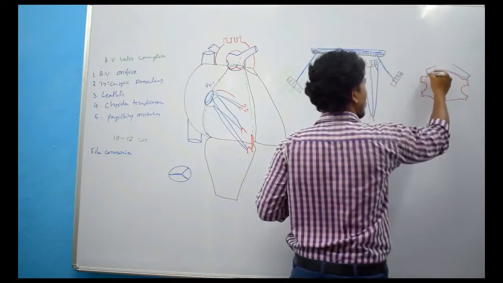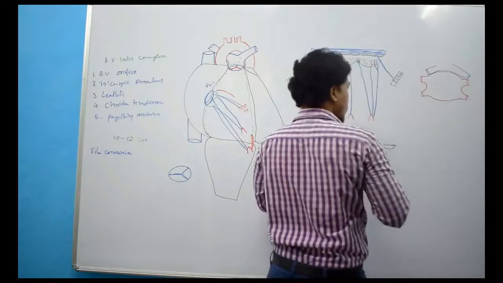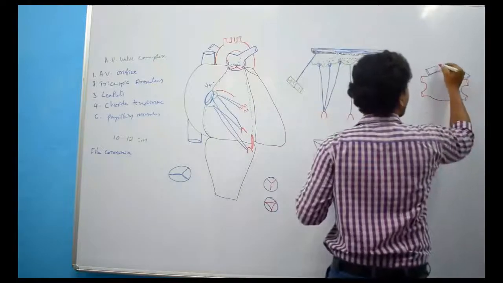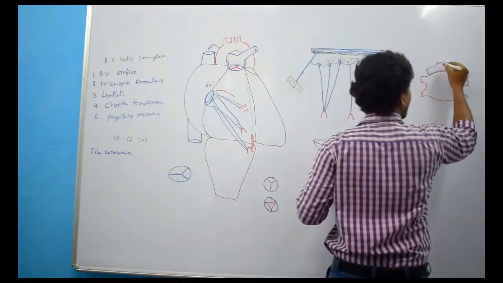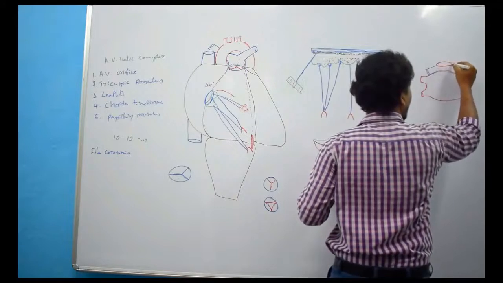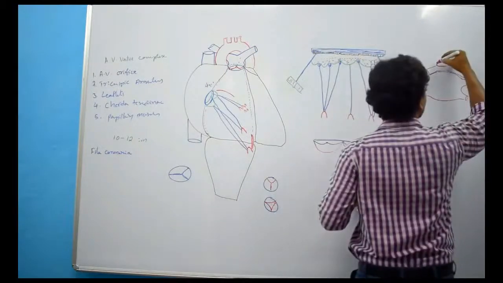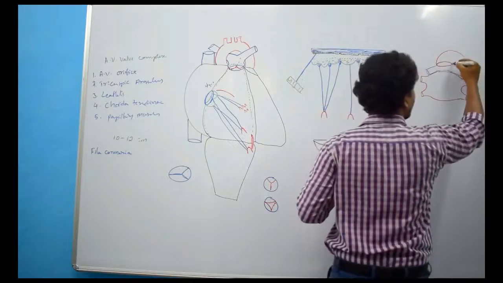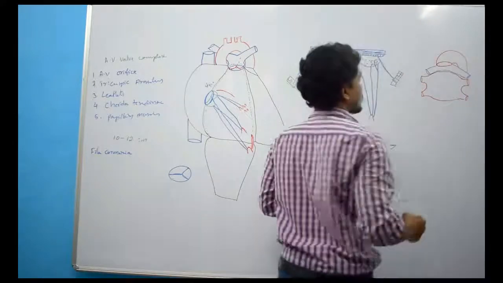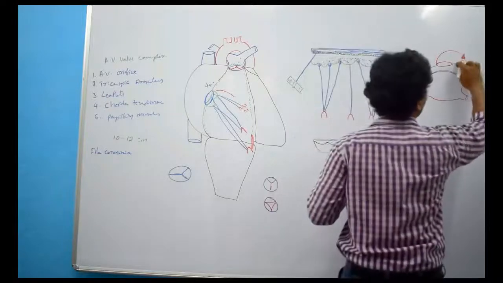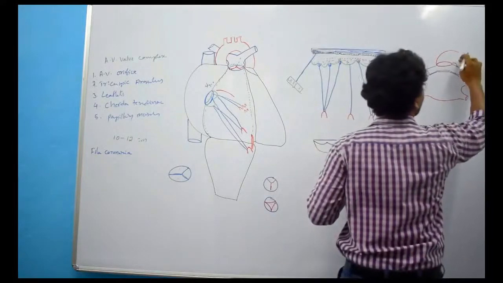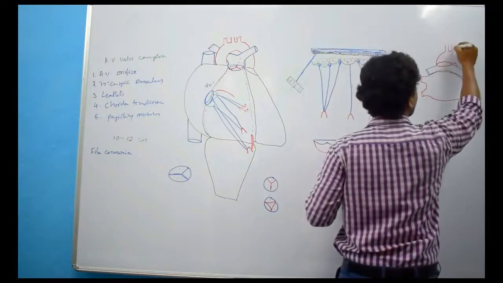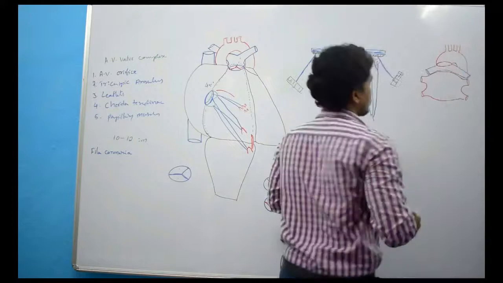These are pulmonary arteries. And here you can see the aorta. What is this? Arch of aorta. Of course we can draw branches also. You know the branches of it.